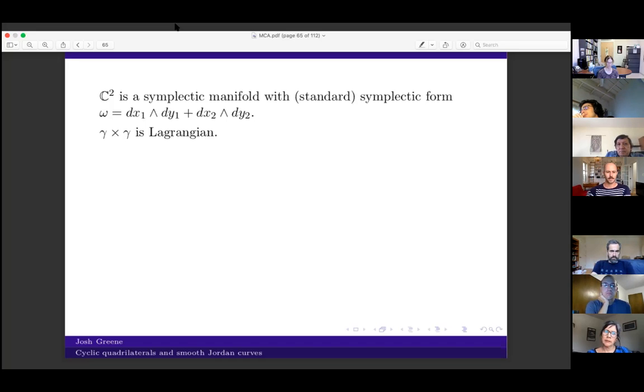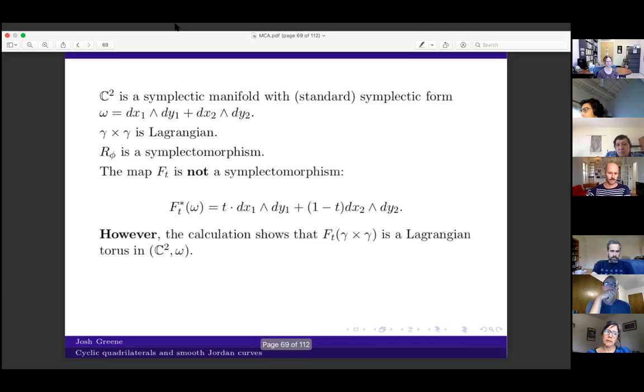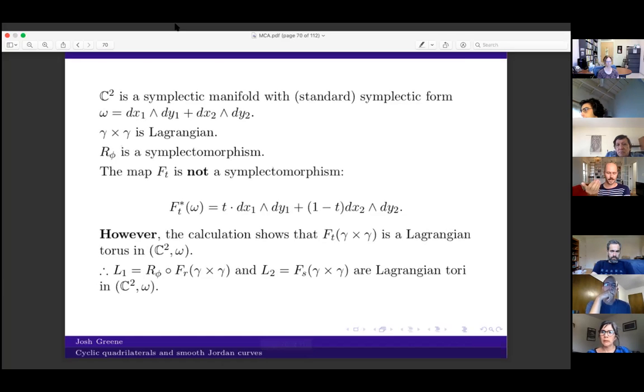In the interest of time, let me just say that, long story short, the transformations we apply to gamma cross gamma are nice enough to show that indeed L1 and L2 are Lagrangian tori. So what we've got is a Lagrangian intersection, which exactly corresponds to cyclic quadrilaterals, which we're trying to locate on gamma. If it weren't for just this pesky loop of intersection.